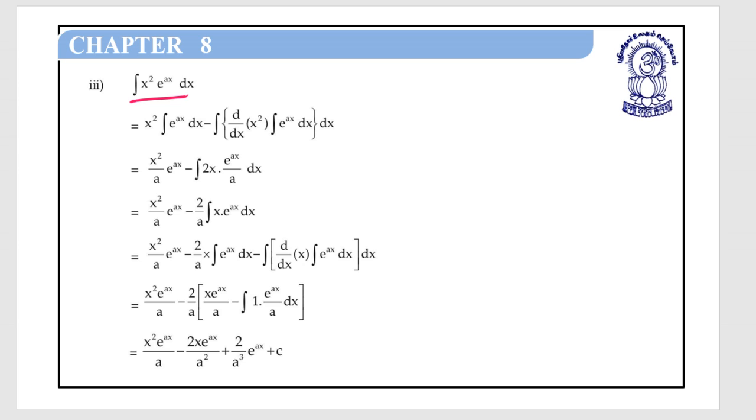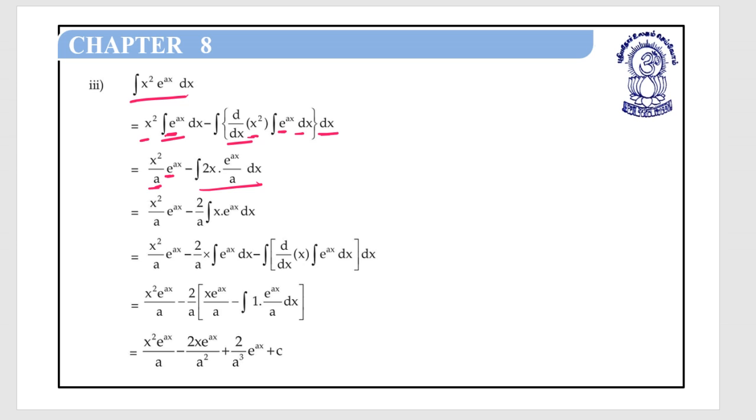Integration of x square into e raised to ax dx. So x square as it is, integration of e raised to ax dx minus integration of d x square by dx into integration of e raised to ax dx. So x square as it is, e raised to ax, integration of e raised to x as it is, but here ax is there, so again take the differentiation in the denominator. So d by dx of ax is a, minus integration of 2x into e raised to ax upon a dx.